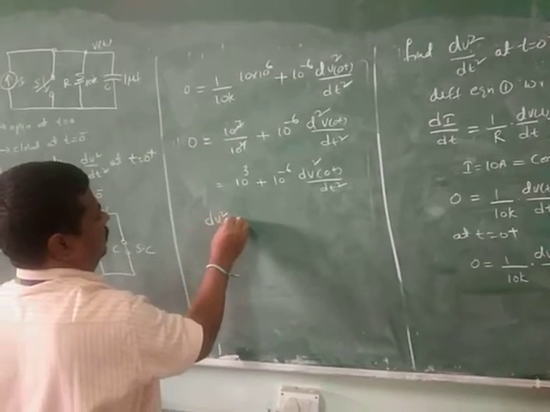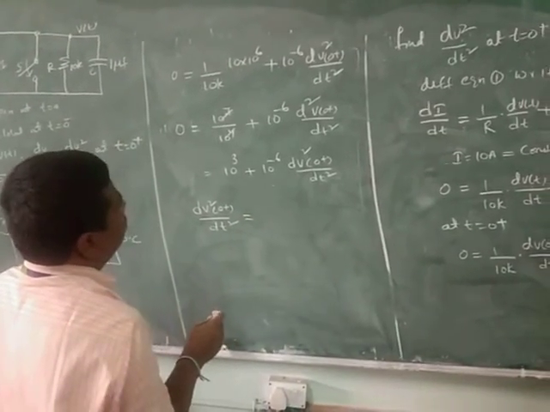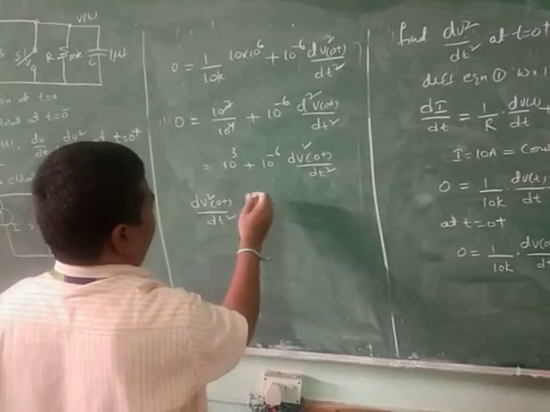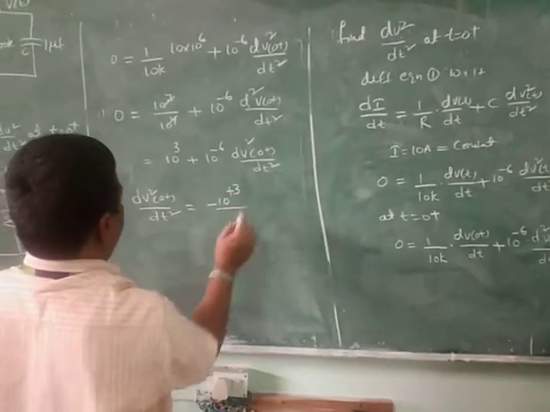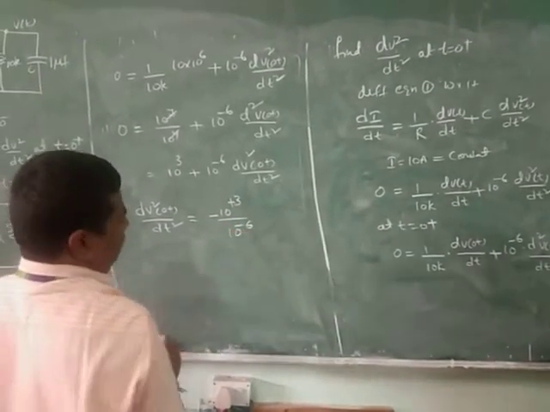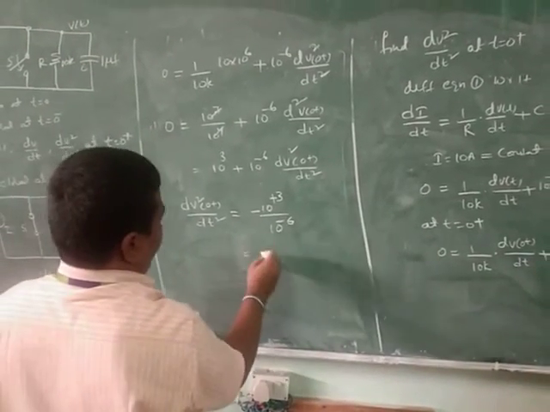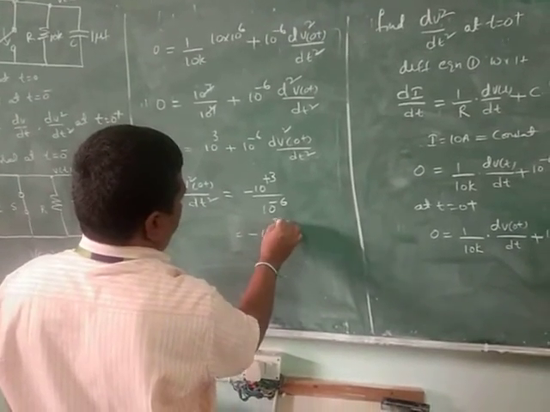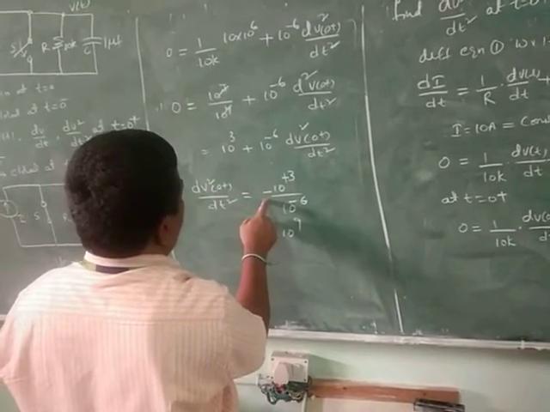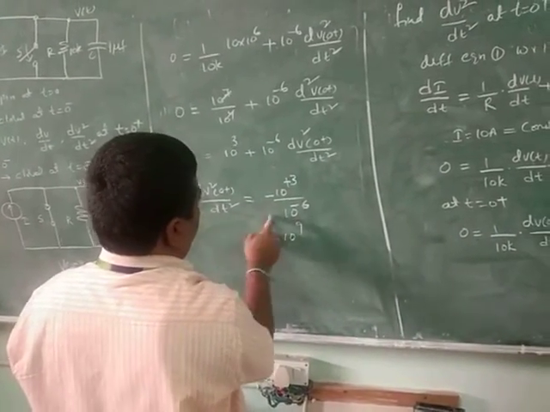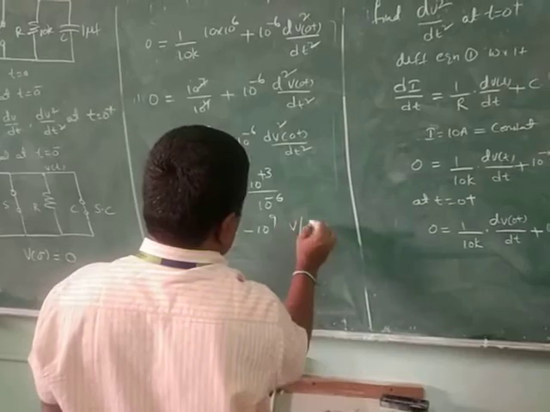Now d square V of 0 plus by dt square is equal to minus 10 power 9 plus 3 by 10 power minus 6, that is equal to minus 10 power 9 volt per second square.